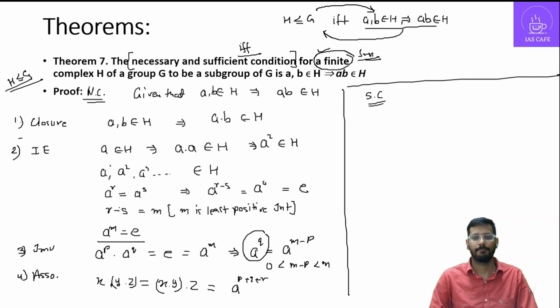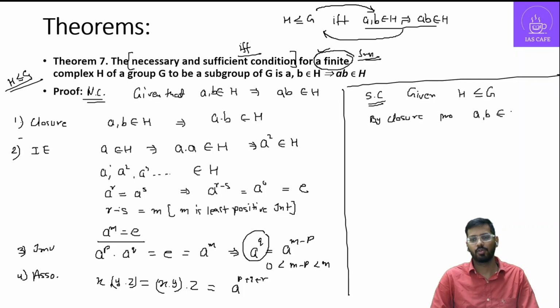Sufficient condition. So for the sufficient condition, given that H is a subgroup of G. That is given. Now by closure property, we can say if a and b belong to H, then ab belongs to H by closure property.